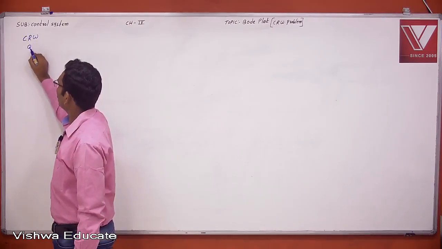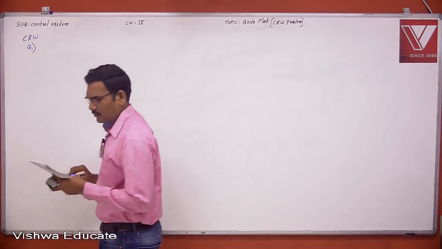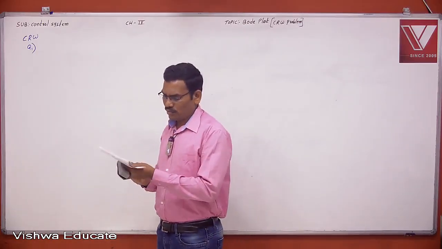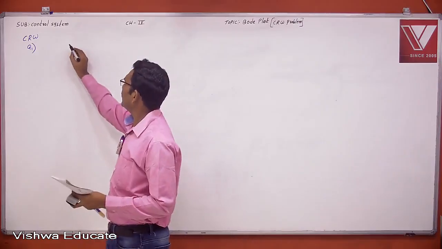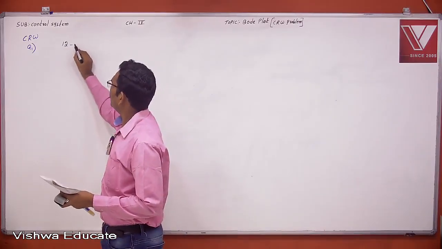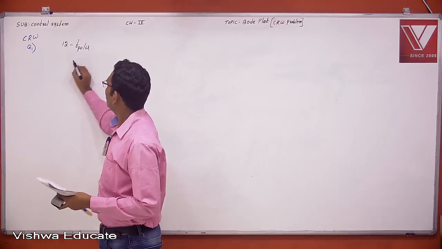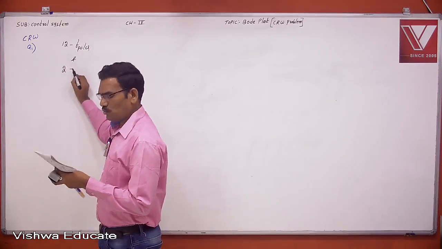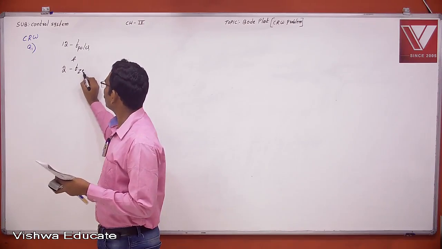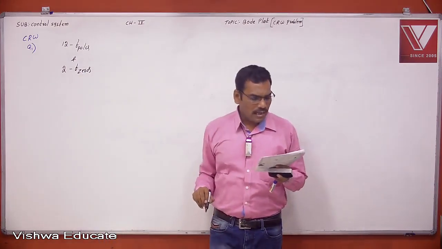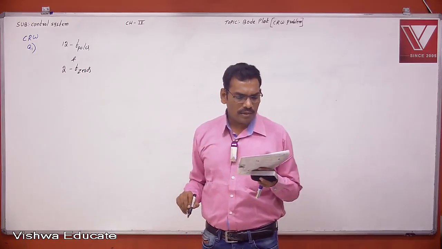Okay, now in our classroom workbook, question number 1. What is given? A system has 12 finite poles and 2 finite zeros. What is the question?